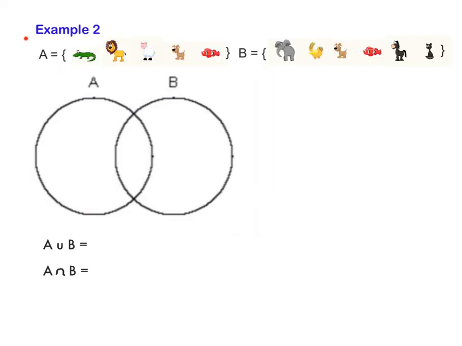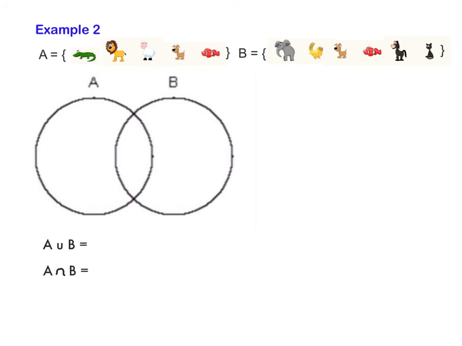Okay, this is example number 2. We have set A and we have set B. In set A, our elements are crocodile, lion, sheep, dog, and fish. In set B, our elements are elephant, bird, dog, fish, horse, and a cat. The first thing we need to do is complete the Venn diagram.